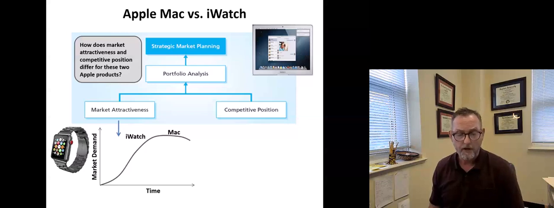It's a product in a product category. The product category is growing, but not growing at an enormously rapid rate like it was when personal computers were first introduced in the early 1980s. So now we're 40 years into that product category, and it's deep into the maturity stage, and this is primarily a home desktop computing solution.